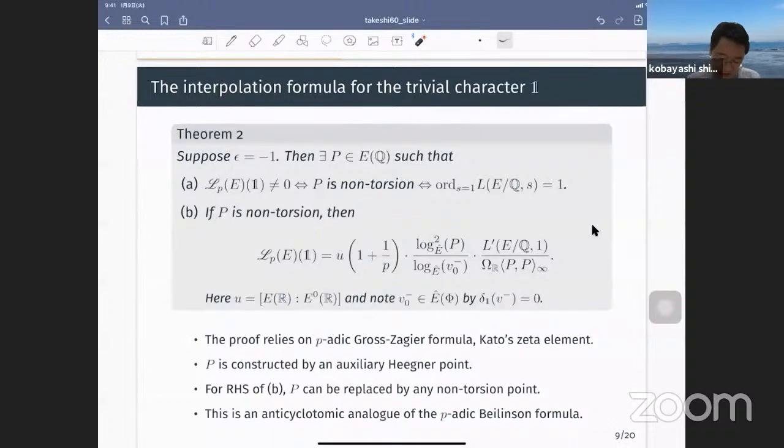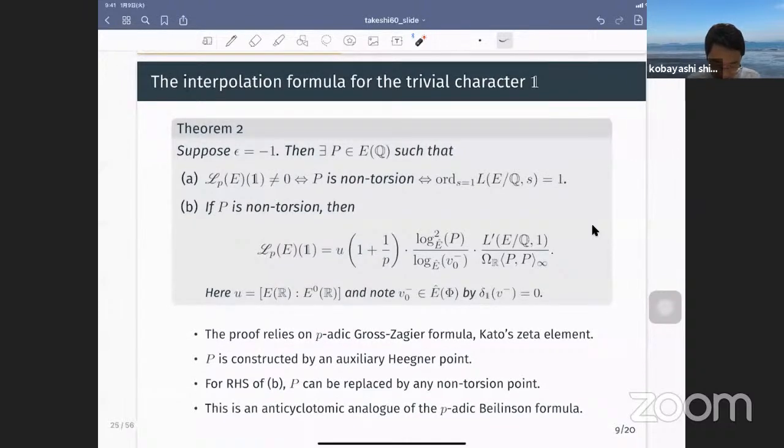So we take another imaginary quadratic field satisfying the Heegner condition and consider an auxiliary Heegner point to prove this. And the right-hand side of B is independent of the choice of P.